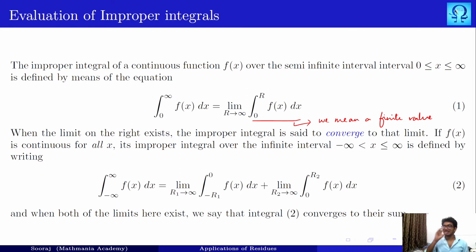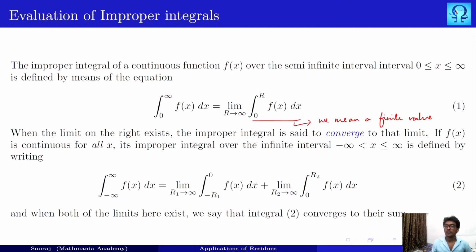When the limit is some finite value, only then we say the limit exists. If it goes to infinity, or if it oscillates between any two values, finite or infinite, we say the limit does not exist, right? So we must have some finite limit. Existence of the finite limit assures us the existence of the integral.